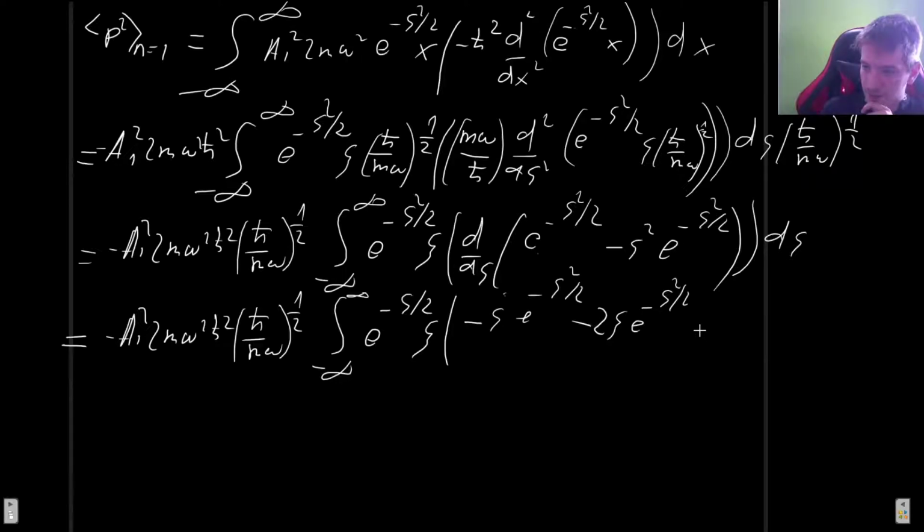And then you get plus psi cubed e to the minus psi squared divided by 2 d psi. Okay. So here we got the same thing, minus psi e to the minus psi squared divided by 2 minus 2 psi e to the same thing. So we can just write it as minus 3 times this, and we can get rid of one of them.